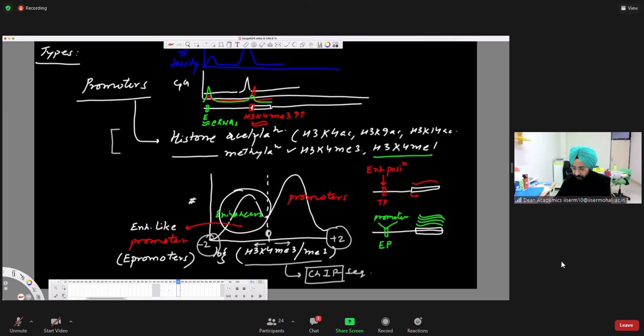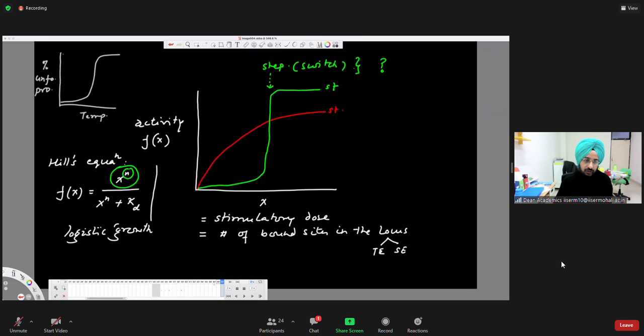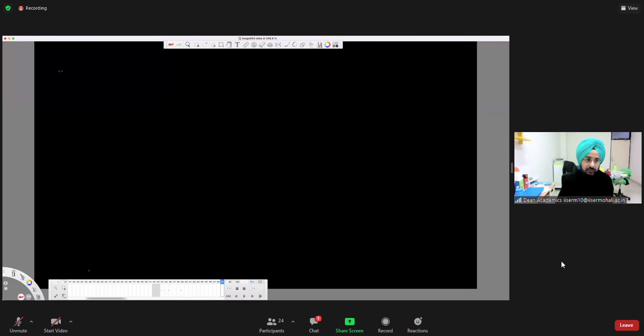The fundamental question I wanted to ask is, why do we need so many marks just for activation? Why are one or two not sufficient? So the question is, why multiple marks?